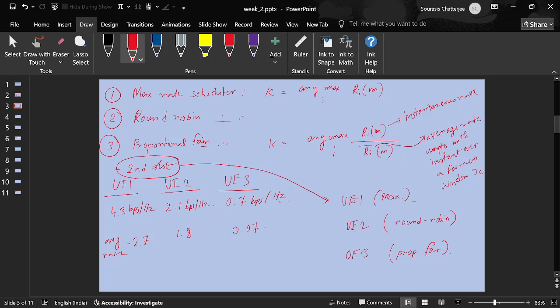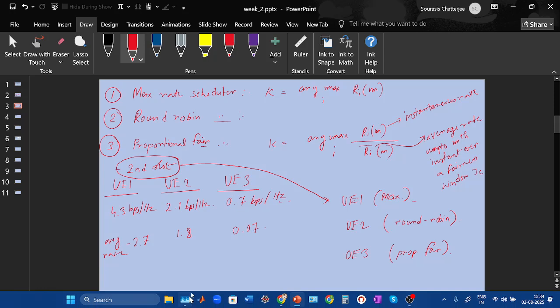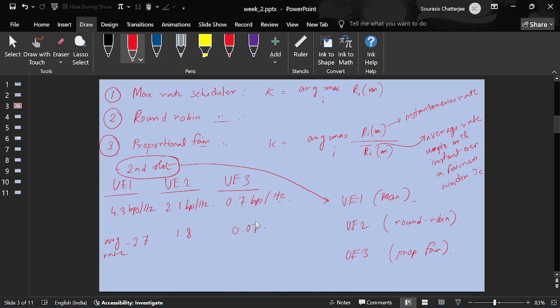So that particular user, even if it has a lower instantaneous rate compared to others, just because it was not served in the previous instants, gets a better chance of being scheduled. That's how the proportional fair scheduler balances the max rate scheduler and the round robin counterpart.